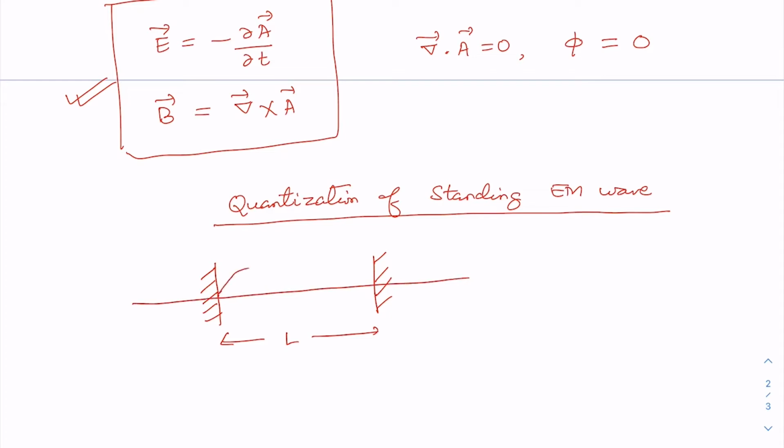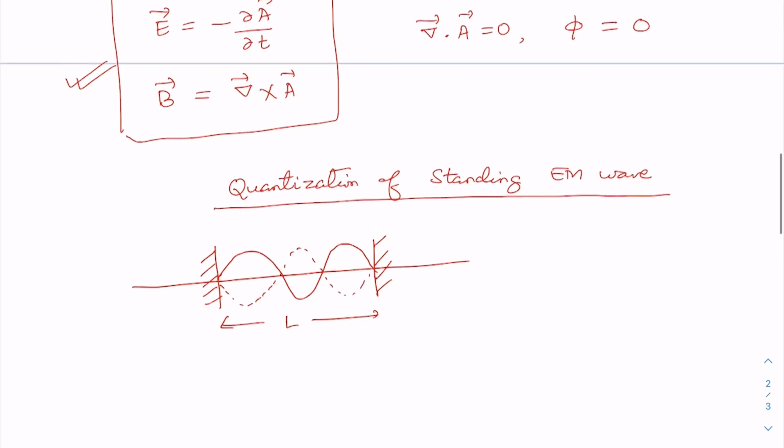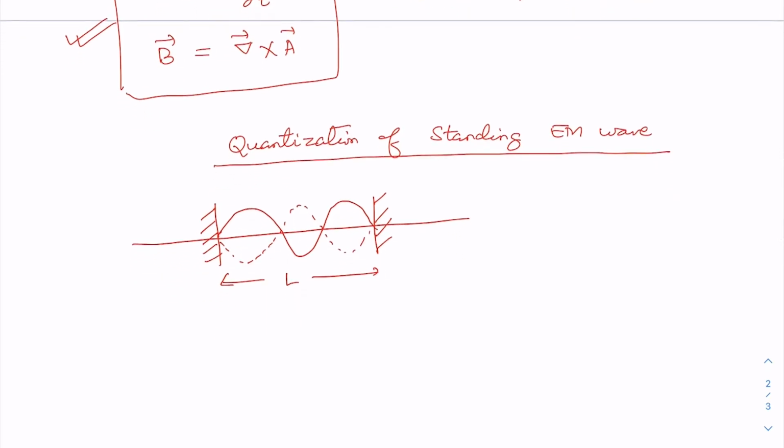The electric field at the mirrors is 0, so the electric field would have this kind of structure. We are considering only one mode of the standing wave, and this standing wave is described by the vector potential, say A.